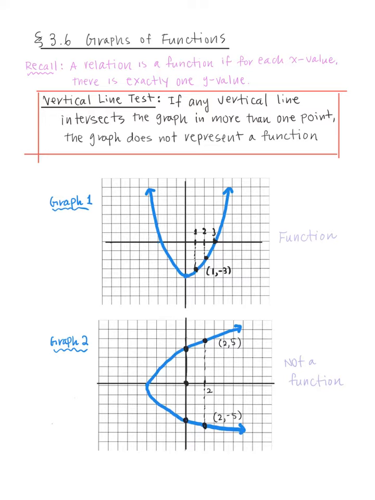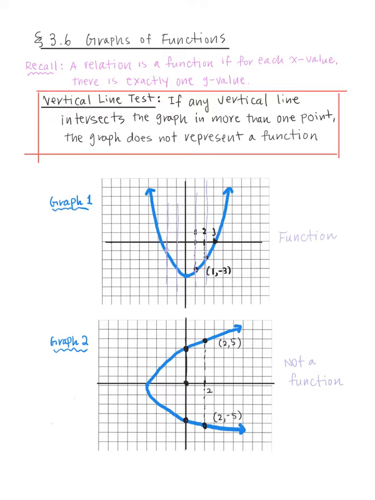Okay, so here comes the theorem. The vertical line test. It says that if any vertical line intersects the graph in more than one point, the graph does not represent a function. Okay, so in graph number 1, no matter where I draw the vertical line, that line is going to intersect the graph at only one point, like here too, right?